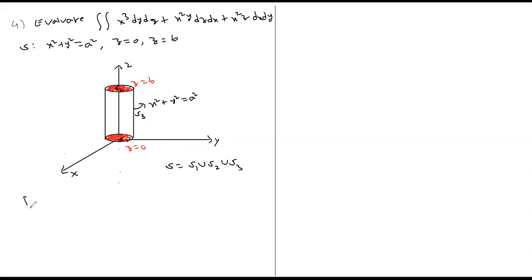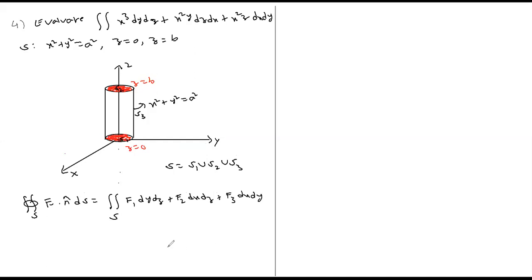So the surface integral over S of f bar dot n bar ds is equal to the surface integral over S of f1 dy dz plus f2 dx dz plus f3 dx dy.